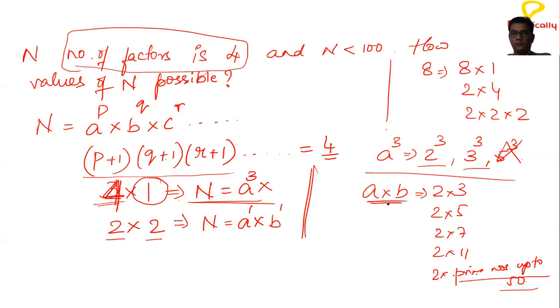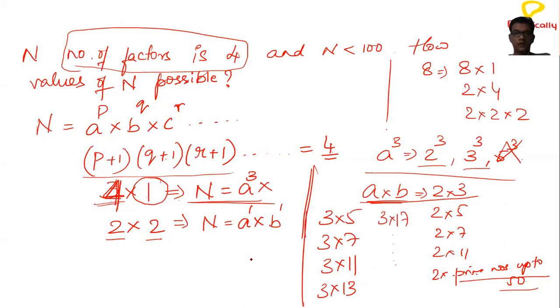Next. But this is not where we stop, because we have started only with 2. There is a 3 into 5, 3 into 7 also left over, right? 3 into 11, 3 into 13, 3 into 17. So all these values are left over.